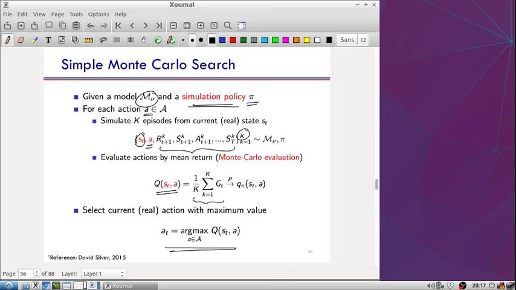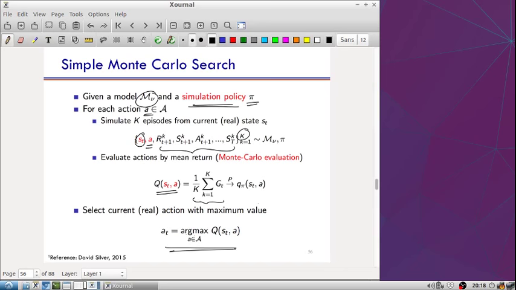This is actually a Q value because it's essentially the definition of a Q value. The state-action value function is saying: in this state, take an action and follow some policy. Ideally it should be Q^pi(s, a). So this is called Monte Carlo search, simple Monte Carlo search.